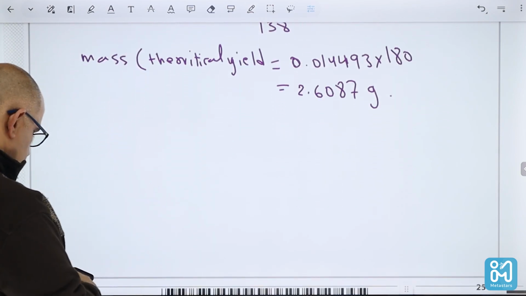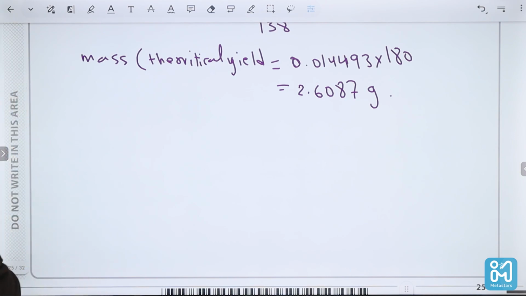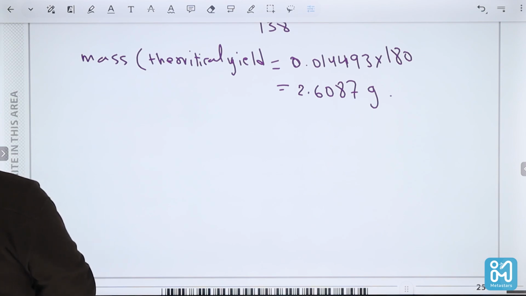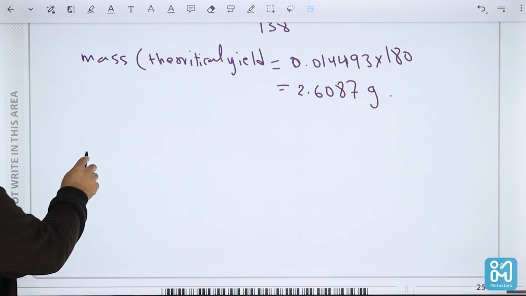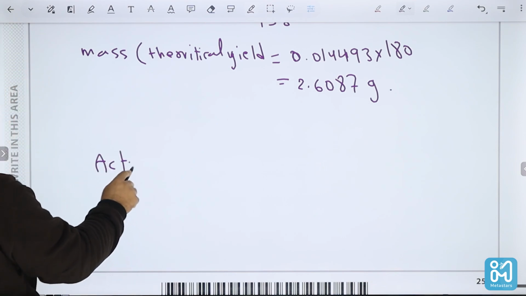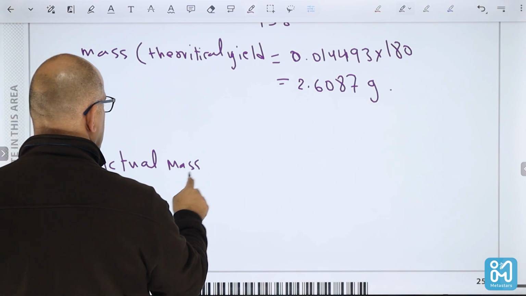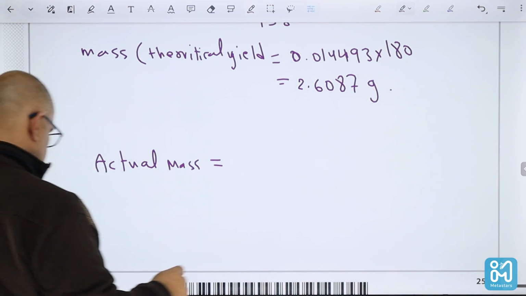And then after that, the actual mass of acetyl salicylic acid by using the percentage, it will be the mass of the acetyl, the actual mass by using the theoretical and the actual.